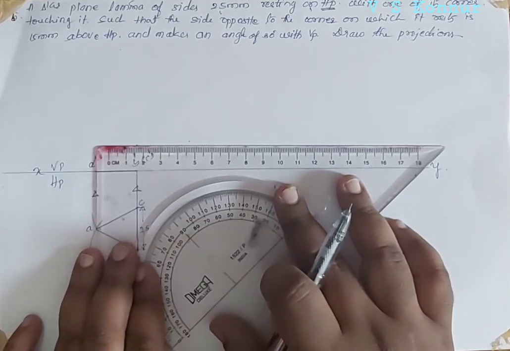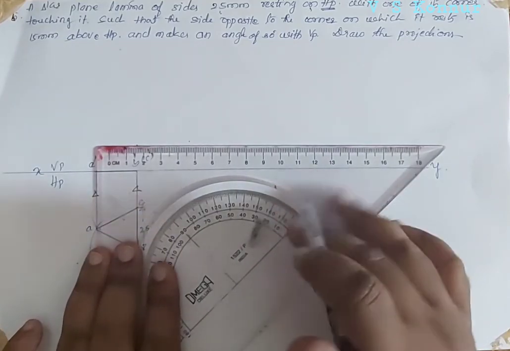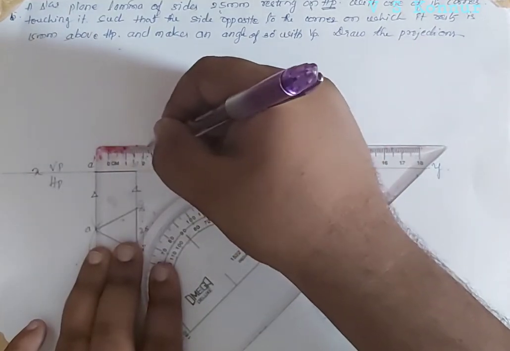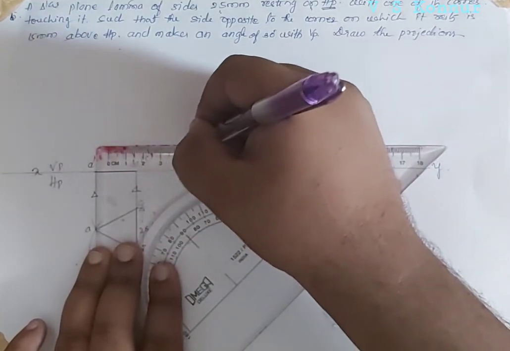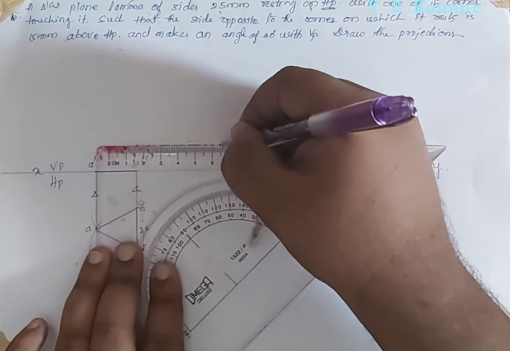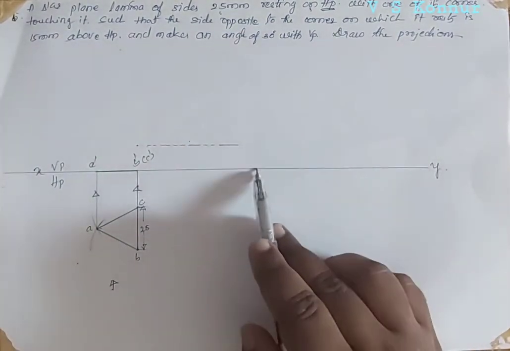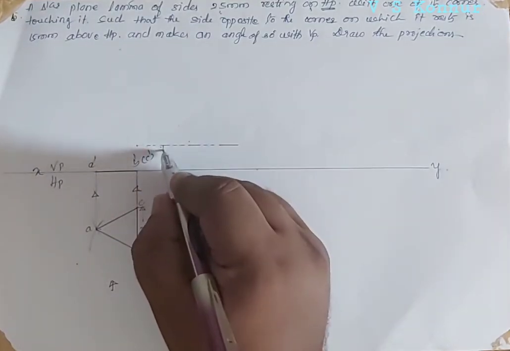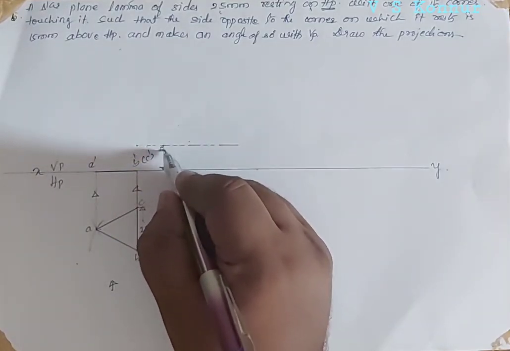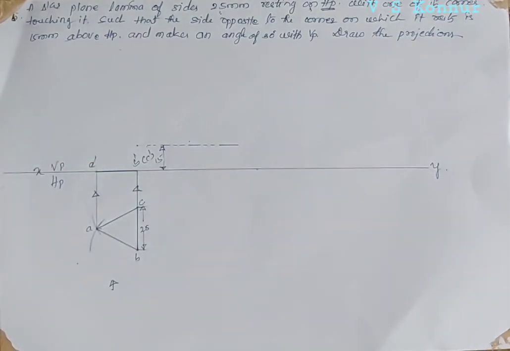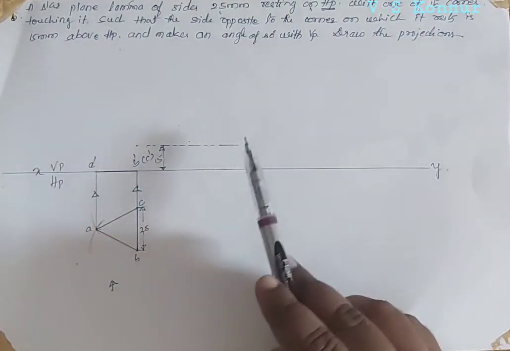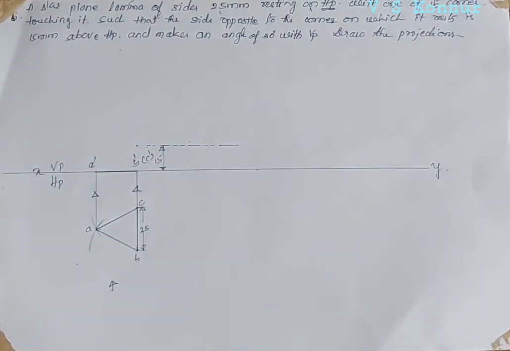As a locus line I am drawing from this point. So we should draw the locus line by taking the 15 mm distance, and we'll give the dimension 15 mm above the horizontal plane. This is the horizontal plane. Above the horizontal plane it is 15 millimeters.